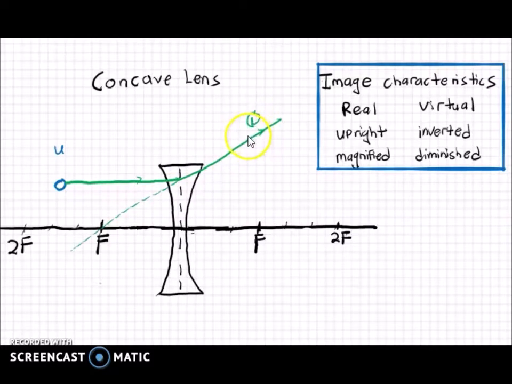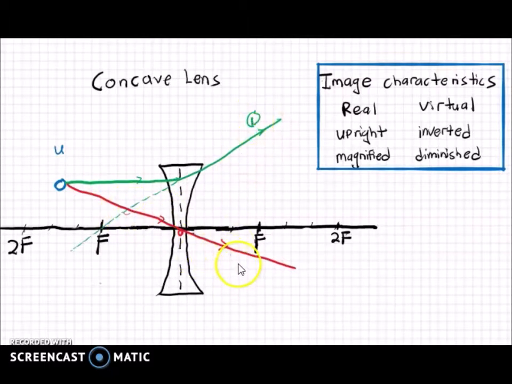Please remember this. Now the second thing that you have to draw: this is the center of the lens, right? So I'm going to draw straight to the center of this lens. Now you can see there is an intersection point between these two rays.